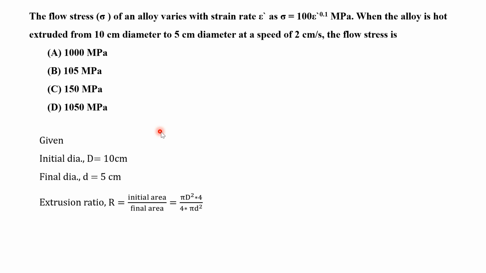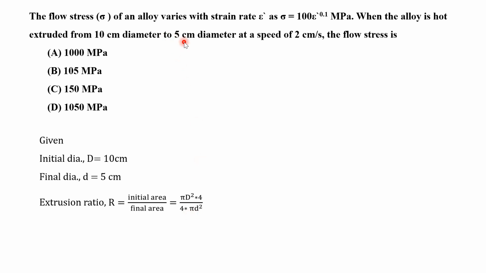So how do we find the extrusion ratio? Extrusion ratio is found out using the equation R is equal to initial area by final area. It is mentioned that the alloy is extruded from 10 centimeter dia to 5 centimeter dia. So based on 10 centimeter, pi d square by 4 we have to take, and the final area will be pi by 4 d square with respect to 5 centimeter.